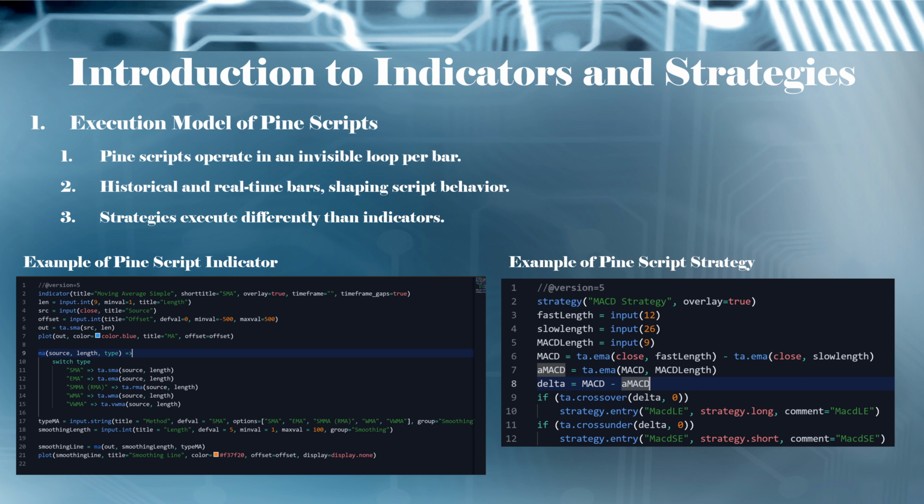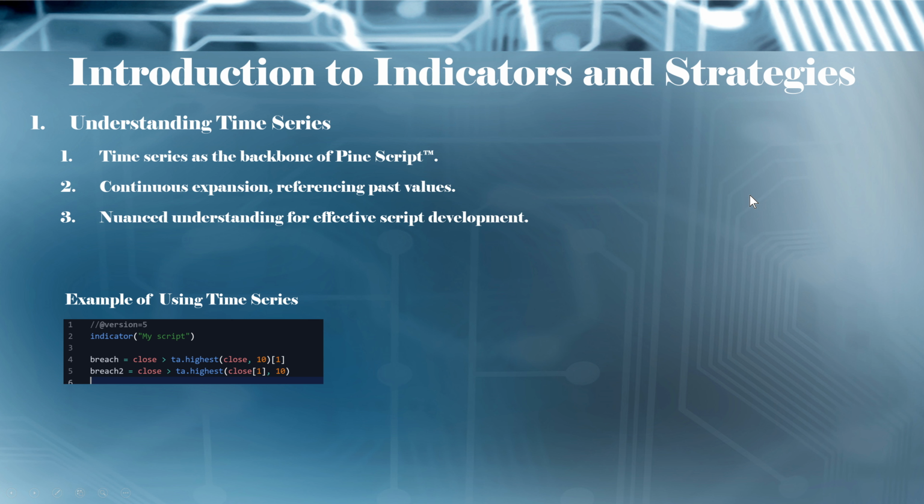Now let's take a look at the time series, and let's try to understand how time series work in the Pine script. The backbone of Pine script is the time series, a data structure containing values for each executed bar.